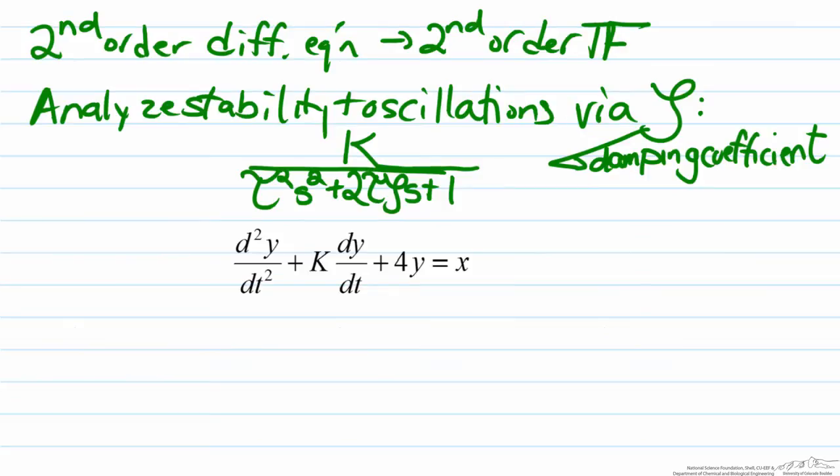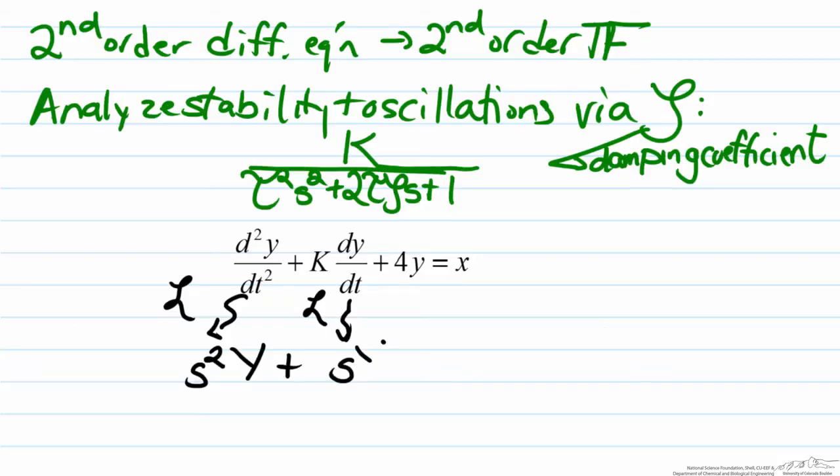So our first step will be to take the Laplace transform of our differential equation and get it into the standard form shown above. When we do that, the Laplace transform of a second derivative where y of 0 and y prime of 0 are 0 is just s squared multiplied by y. The Laplace transform of the first derivative where y of 0 is 0 is just s times y, and the coefficient k is maintained.